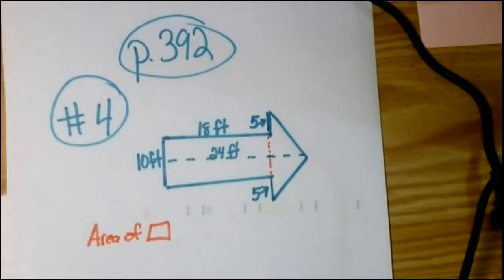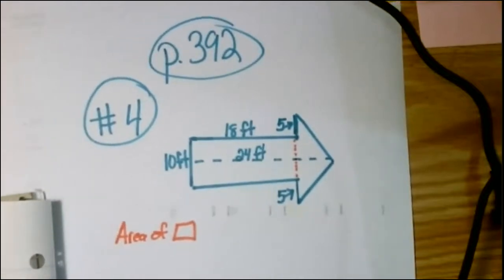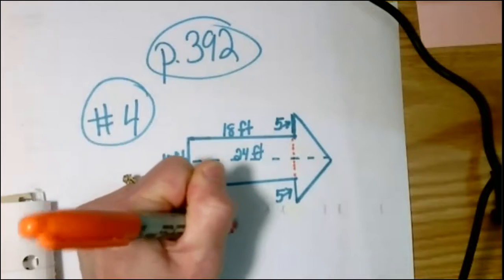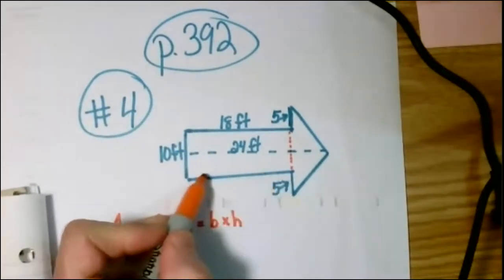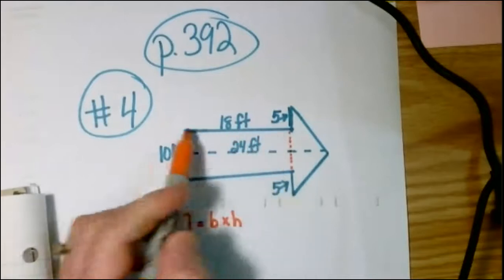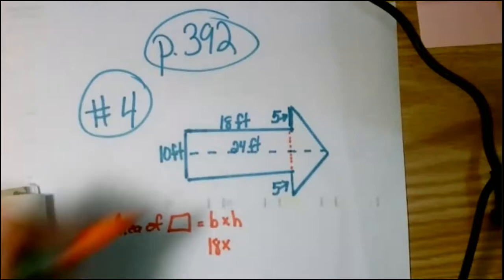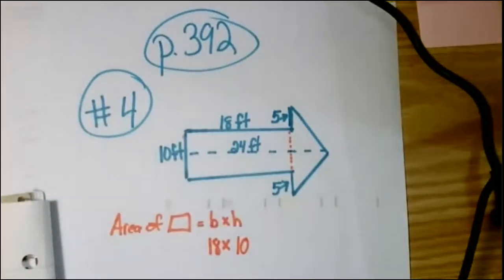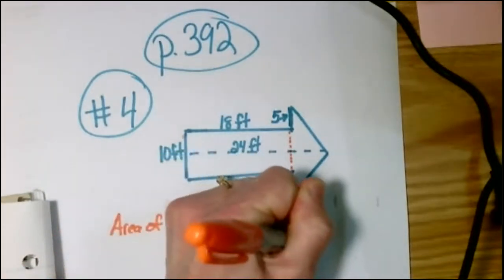What would be the area of the rectangle? The area of the rectangle is going to be base times height. Our base here is the same as this side. So 18 times, what's our height? 10. So 18 times 10 is 180 feet squared.